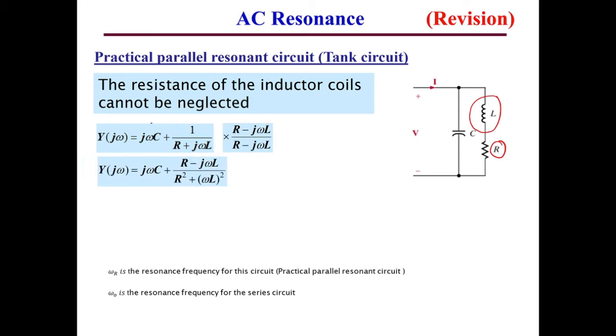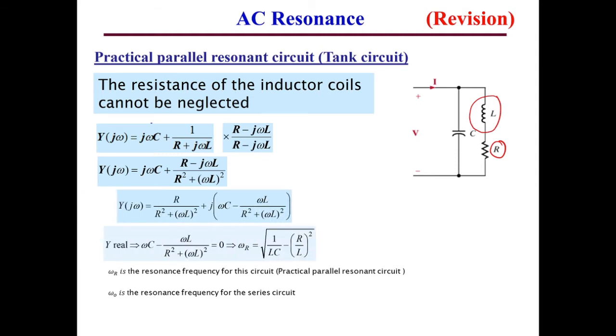Okay, if you multiply by the conjugate, and then cancel the imaginary part, since Y will have only a real part, the imaginary part will be equal to 0.